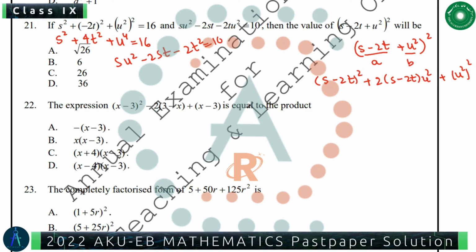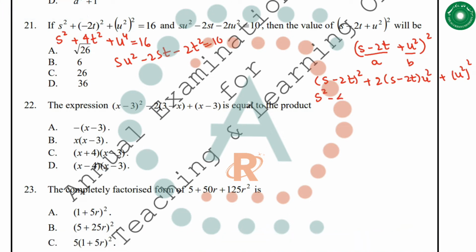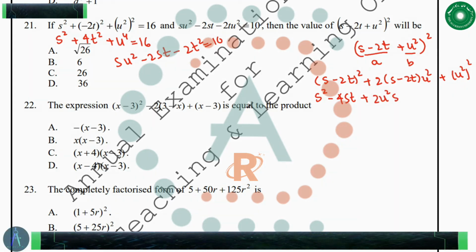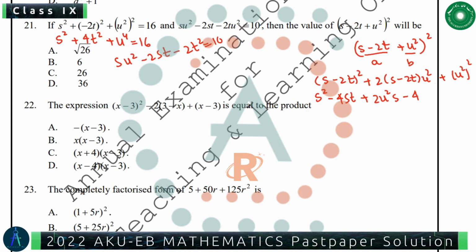So this expression we will further expand, it will become s square minus 4st plus 2u square s minus 4u square t plus u^4.